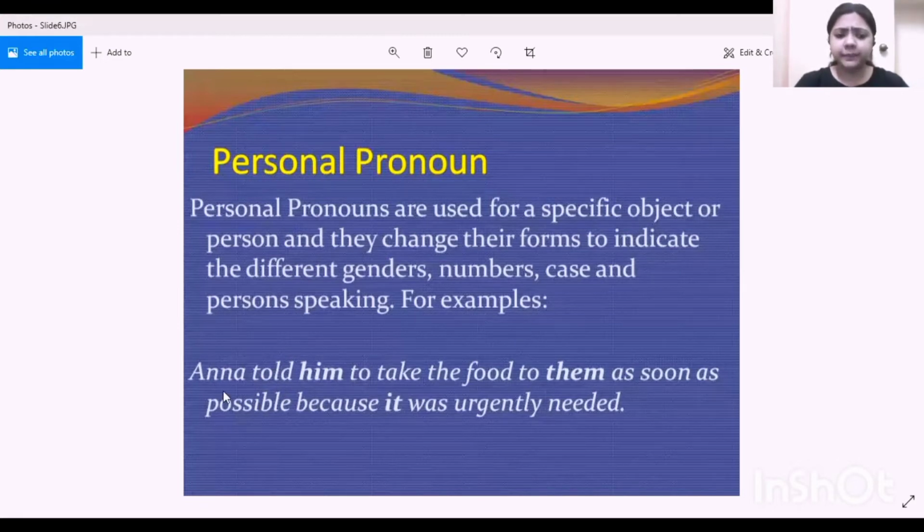Let's look at the example. Anna told him to take the food to them as soon as possible because it was urgently needed. You can see the pronouns which have been used over here. Him, them, it, all these are personal pronouns.